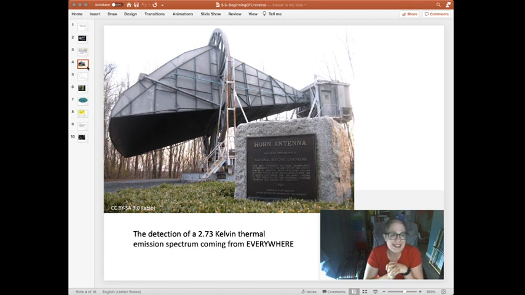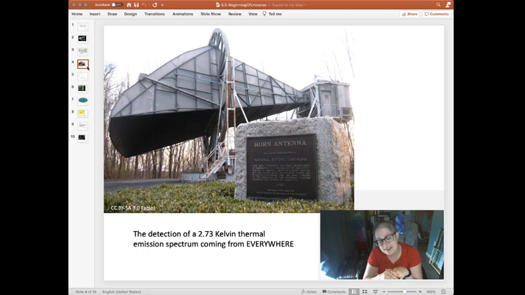They were not setting out to find evidence of the Big Bang. They were setting out to build a really, really good telescope and really, really good receiver such that they could get to the lowest possible detection threshold with this big horn antenna.